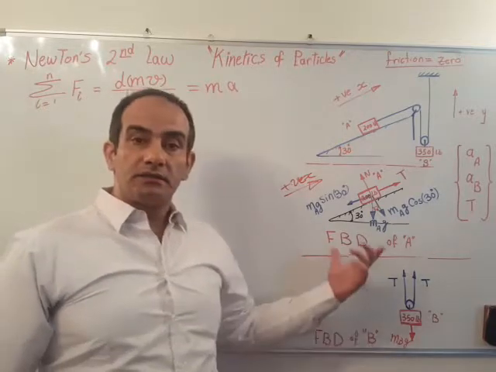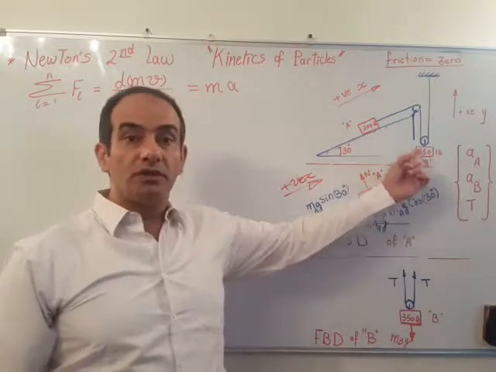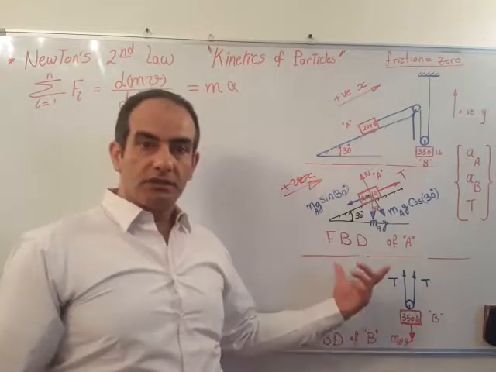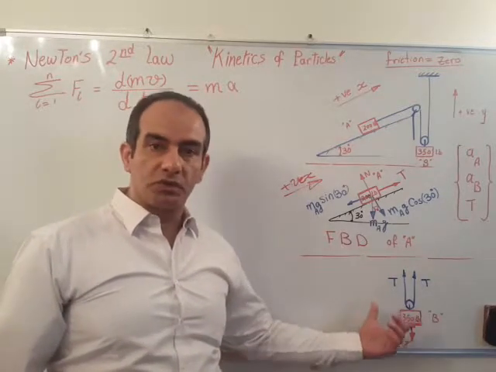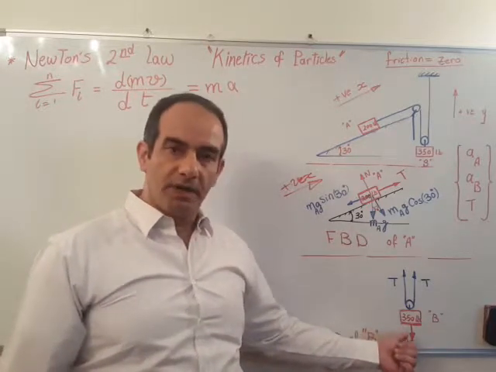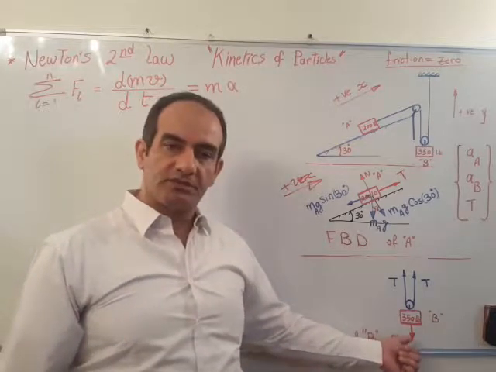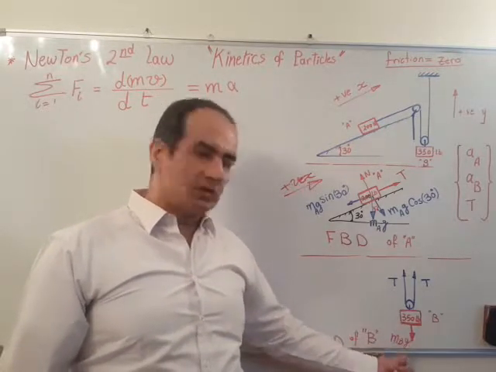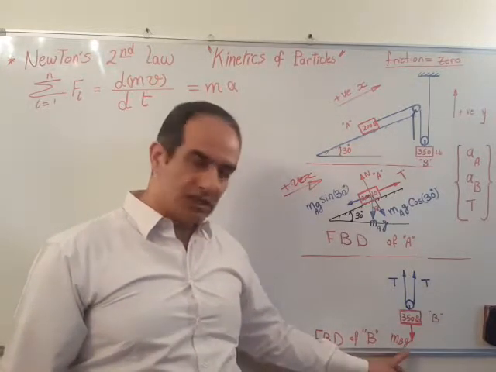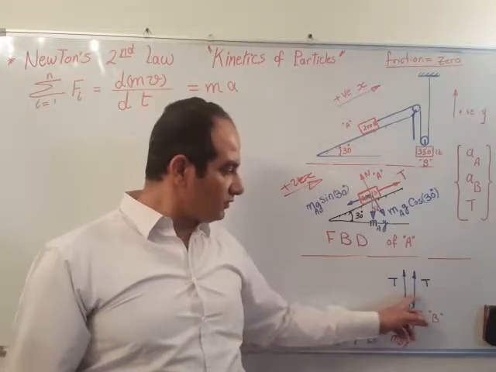Let us describe the forces applied also on mass B. Let us draw the mass B with all the applied forces. We have mass B, 350 pounds, subjected to a vertical weight downward, MBG, and also subjected to two tension forces upward.